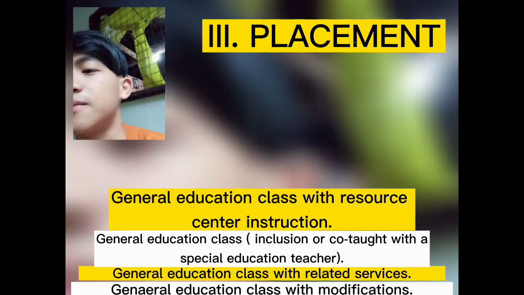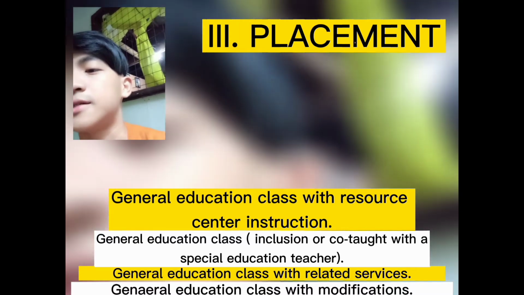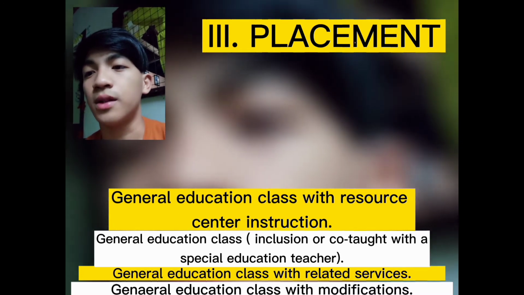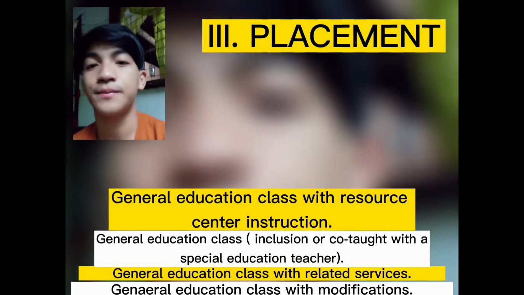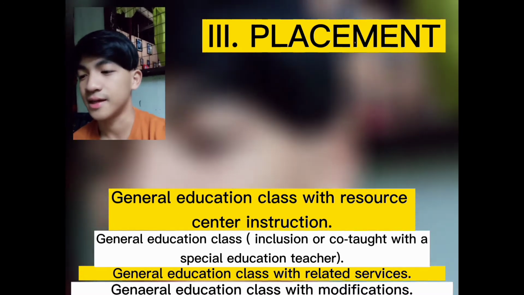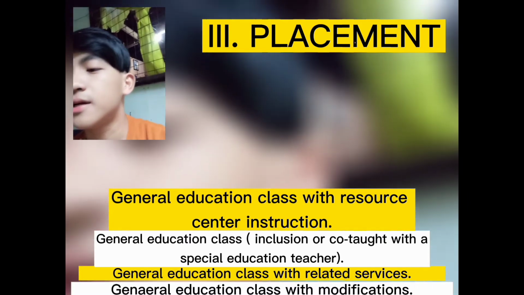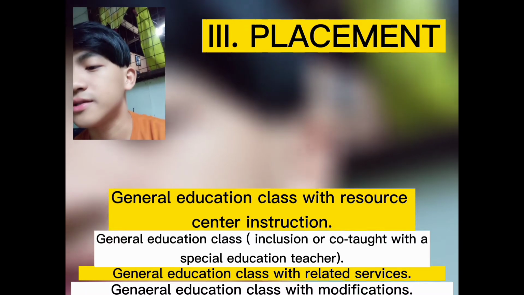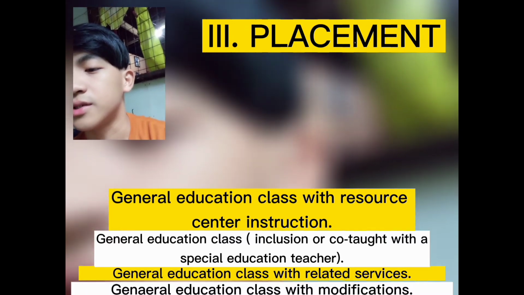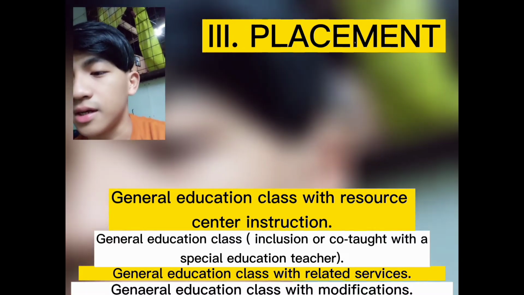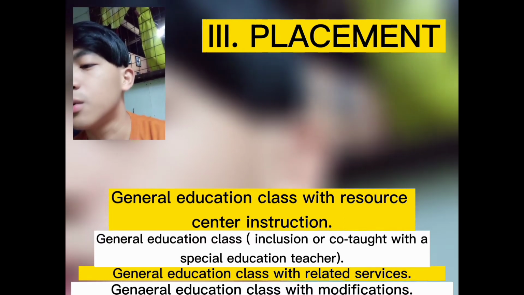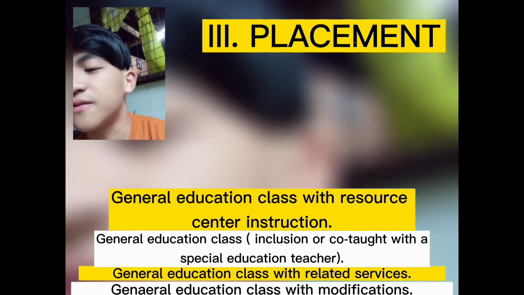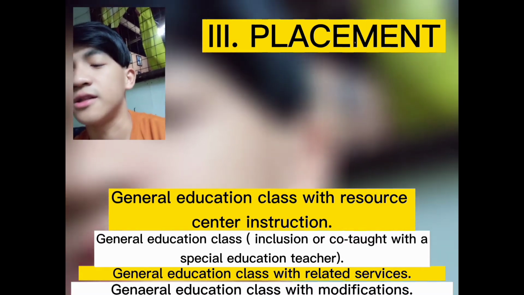In such a placement, it is assumed that a child will benefit more from either small group or individualized instruction with a specialist teacher who will be able to more intensively target his learning needs.